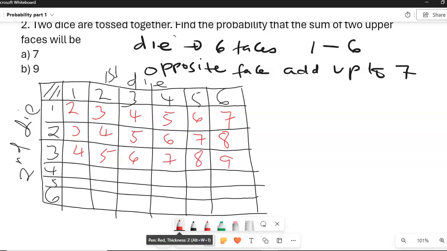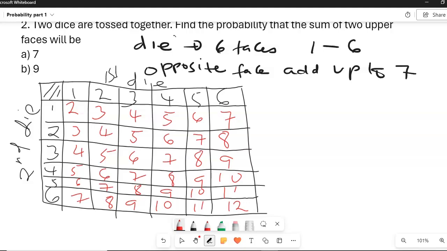Then 4 plus 1, 5, then 6, 7, 8, 9, 10. Then 5 plus 1, 6, 7, 8, 9, 10, 11. Then we have 6 plus 1, that is 7, 8, 9, 10, 11, 12.